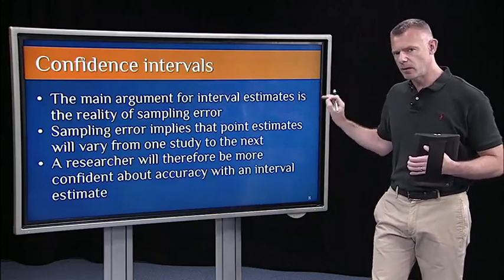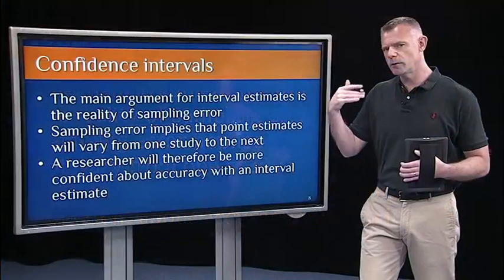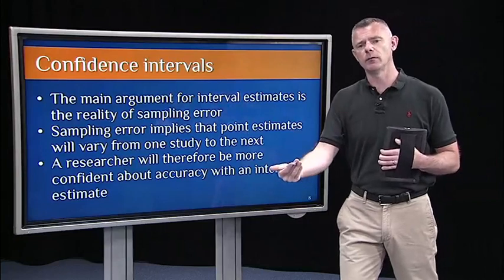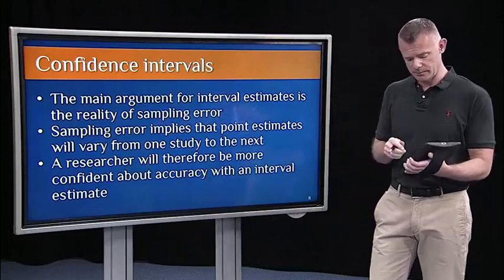Sampling error, remember, implies that every point estimate, any one point estimate, is going to be off to some degree. How much is it going to be off? Well, that has to do with how much sampling error we can expect, and that we estimate, remember, with standard error. So the bottom line here, this is where the phrase confidence interval comes from, is researchers will be more confident, or should be more confident, in the accuracy of what they're reporting if they report an interval estimate rather than a point estimate.